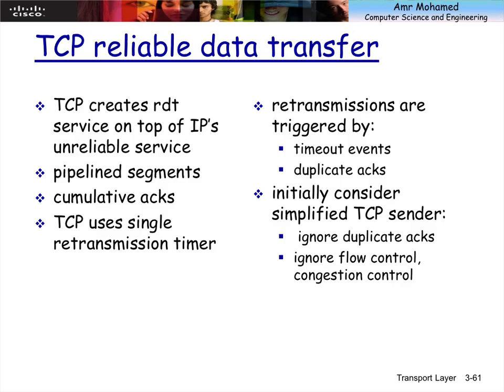We know that IP is best effort. This is very important, and we'll see its drastic impact on the design of TCP. TCP definitely uses pipelined segments, similar to go back N and selective repeat. Both are pipelined, which means we don't have to send one segment at a time and wait for the acknowledgement.